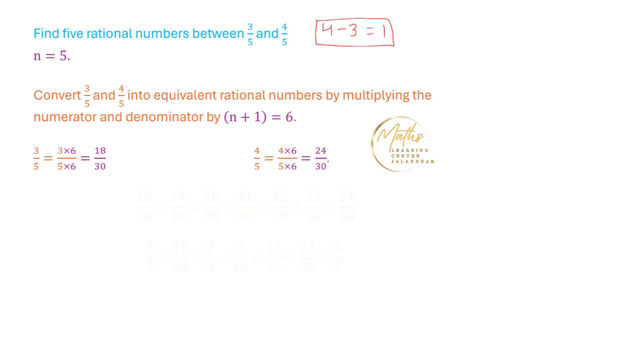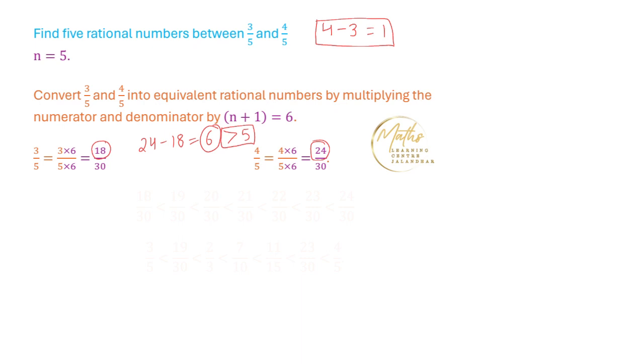Now look at the numerators of these two numbers. The numerator here is 18, and here it is 24. Now 24 minus 18 is equal to 6. So this value 6 is greater than 5. From where are we getting this 5? The value of n is 5, and the difference should be greater than 5.